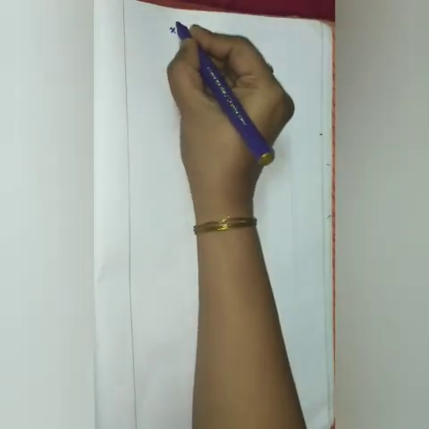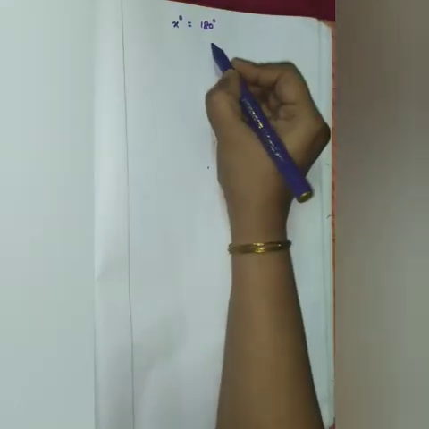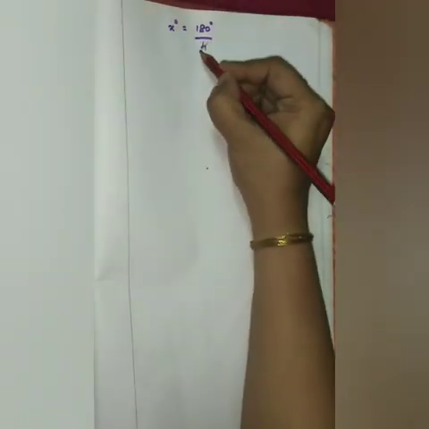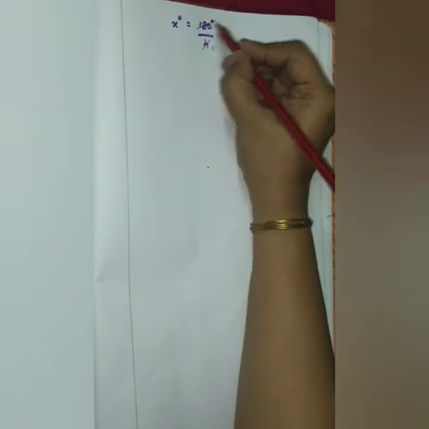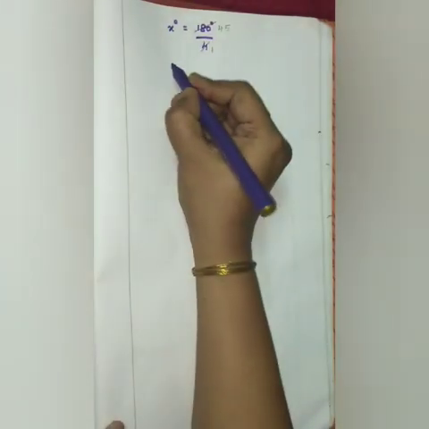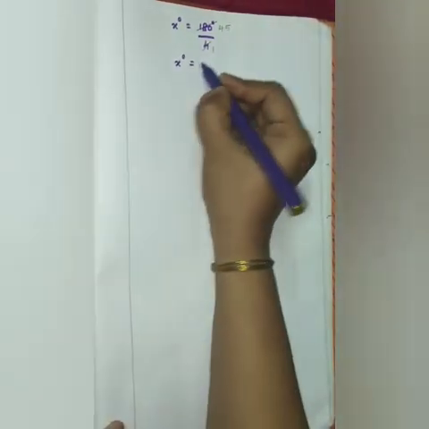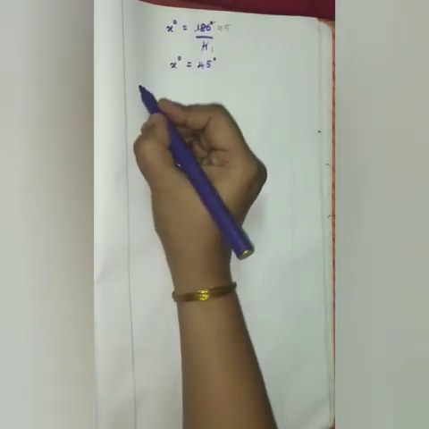So x degree is equal to 180 degree by 4. So 4 4s are 16, 2 5 4s are 4. So the value of x is 45. So x degree is equal to 45 degree.